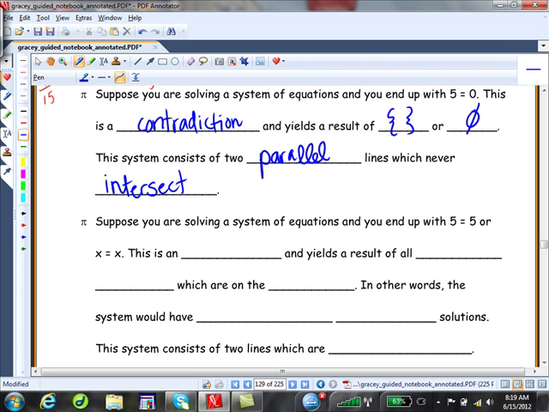All right, other situations. Suppose you're solving a system and you end up with 5 is 5, or x is x, or 0 is 0. This is an identity.